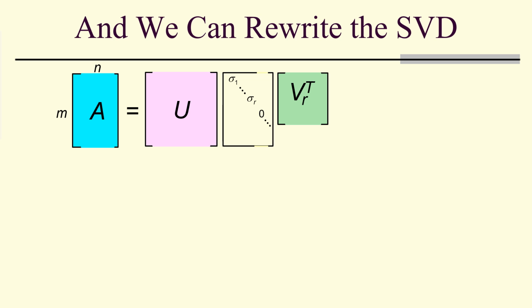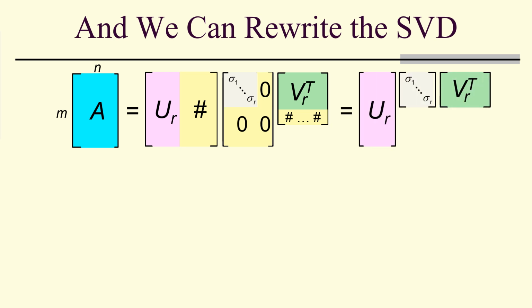So if A has rank R, then there are only R non-zero singular values. We can correspondingly partition the U and the V transpose, and therefore we only need the first R columns of U and the first R rows of V transpose and the square matrix of non-zero singular values.